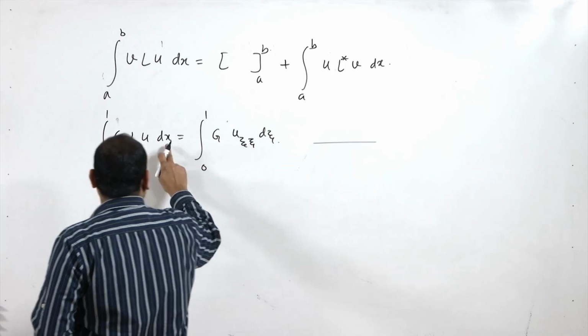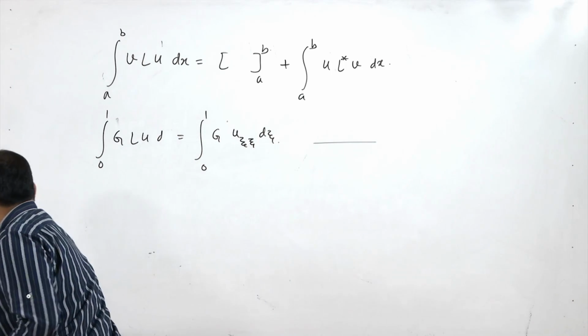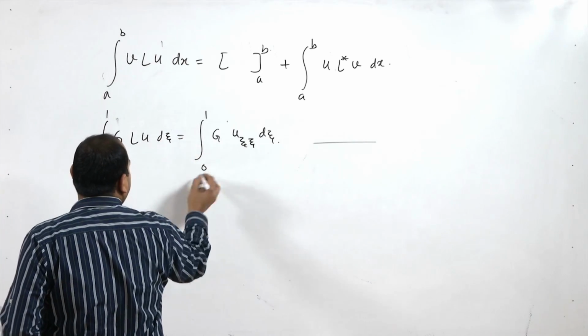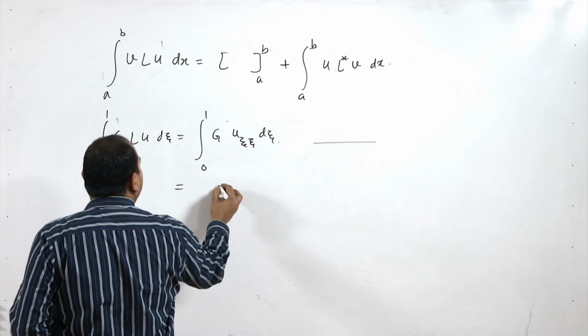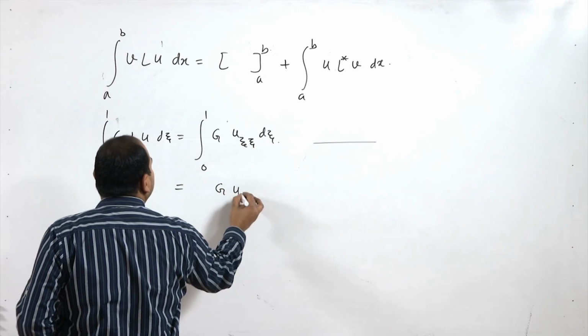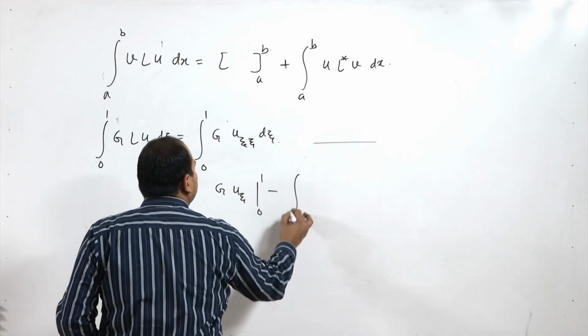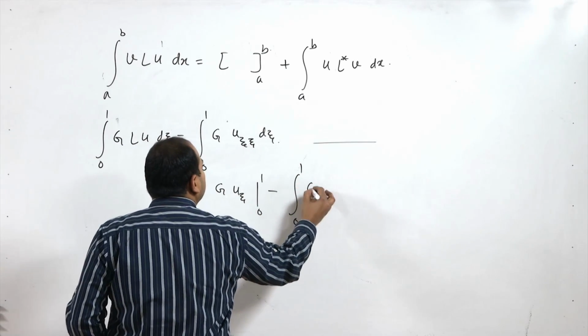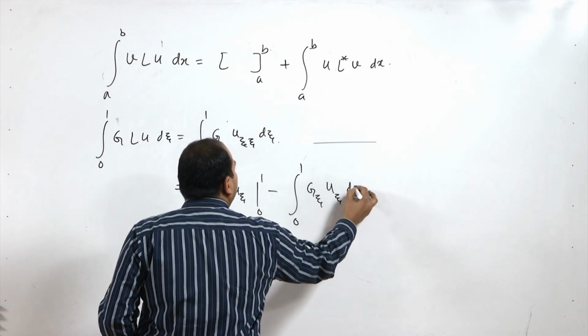I am denoting here that the variable is xi. So this I can write as first integration of the second: u' g from 0 to 1 minus the integral from 0 to 1 of g' u' d xi.